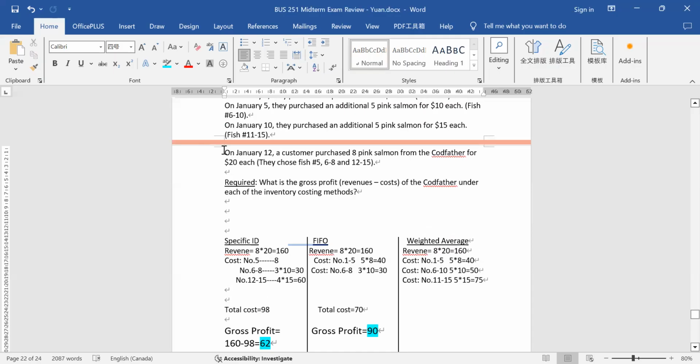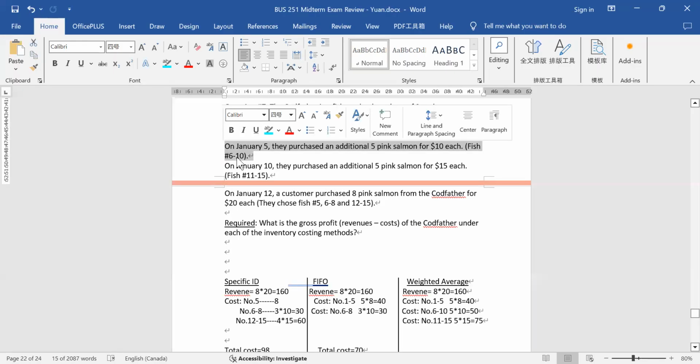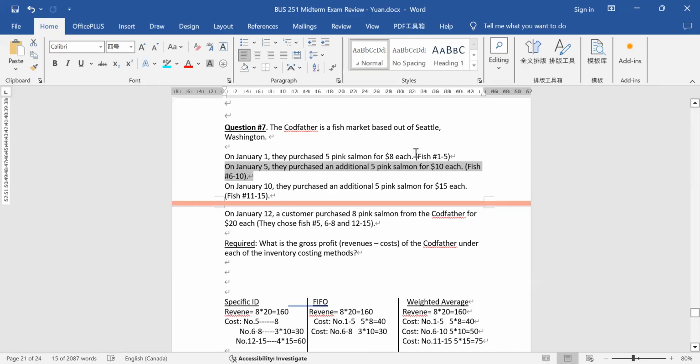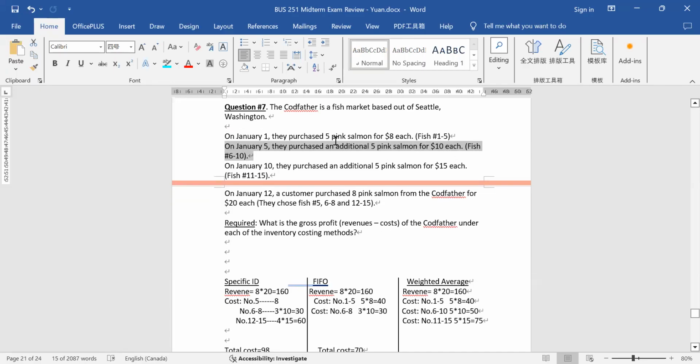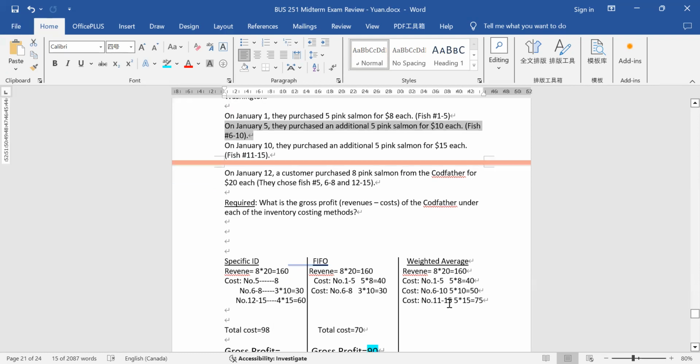Fish 6 to 10 have a different price compared to the first one. So for the weighted average method, you have to put all the costs here.